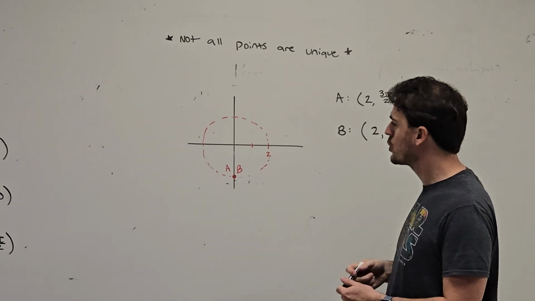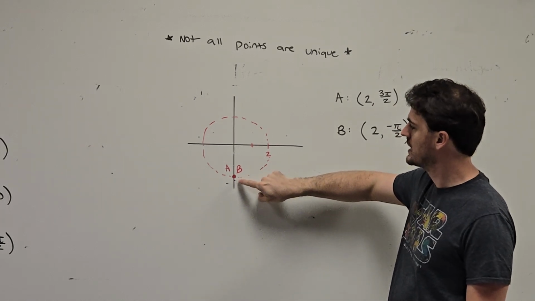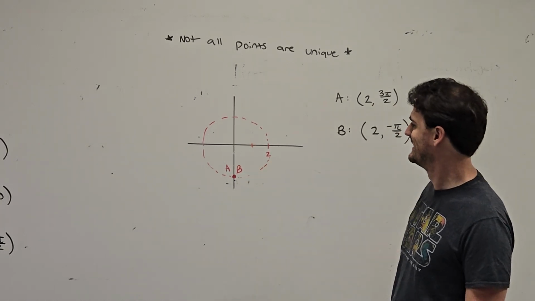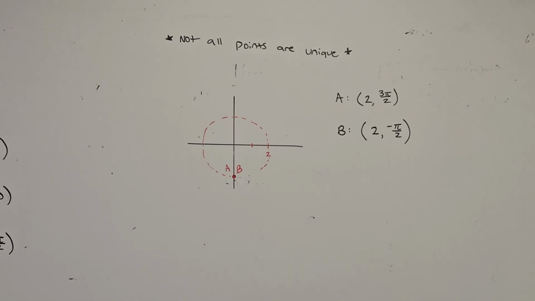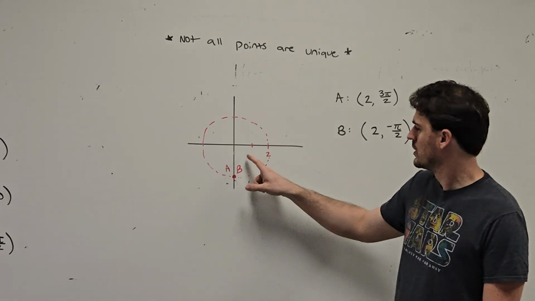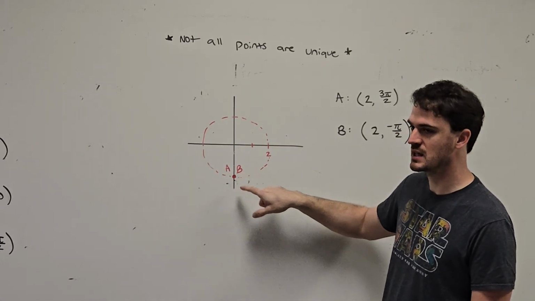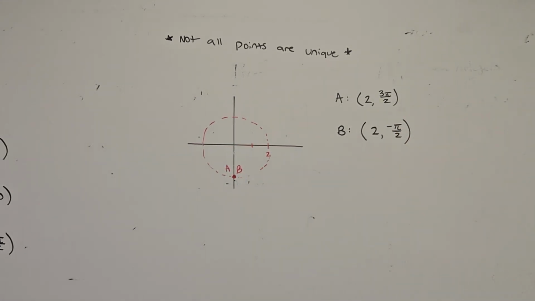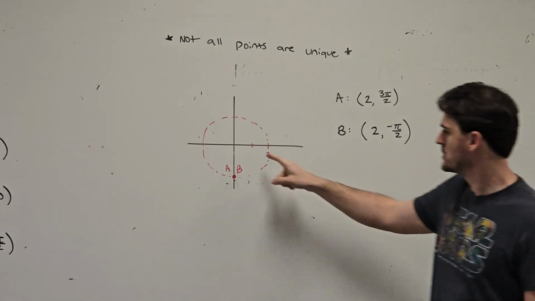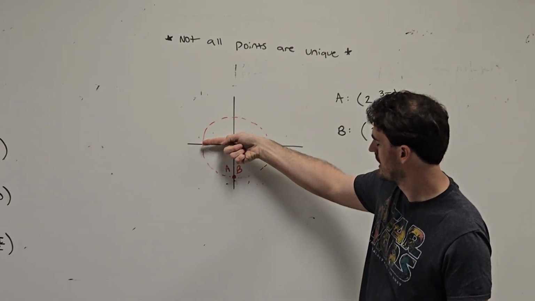Give me other coordinates that are equivalent to A and B. You want to be on the same point as A and B. What about (-2, π/2)?